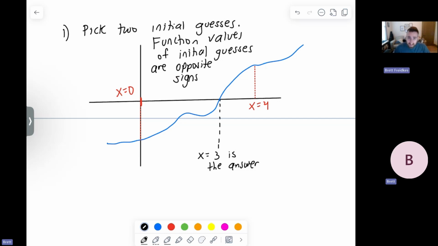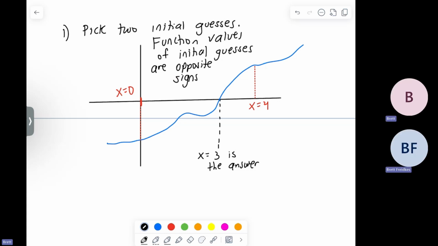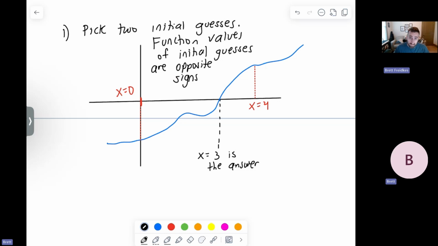Well, I don't mean that the x values are different signs, because in many cases, the x values are both positive or both negative. They don't have to be opposite signs. In this case, you have x equals 0 and x equals 4. The signs of those numbers don't matter. What does matter is that the function value at those points, so right here where I'm drawing this dot, this is f of 4. And over here, this point is f of 0.